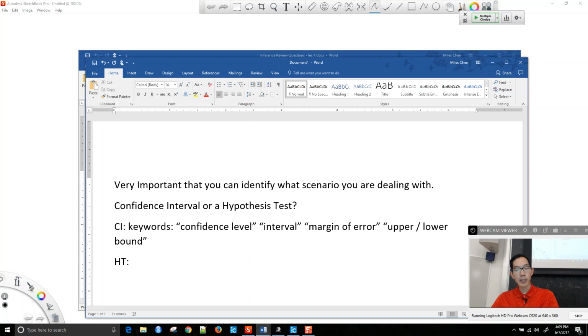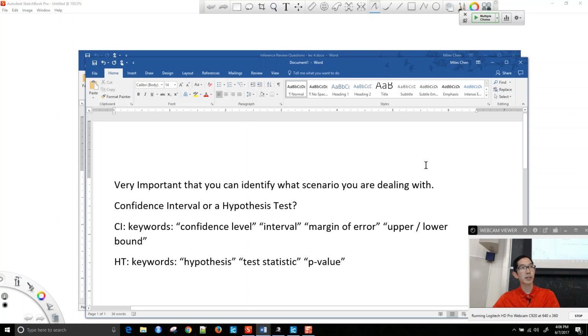On the other hand, for hypothesis tests, your keywords, apart from the obvious ones, would be the hypothesis or test statistic, okay? You only have test statistics if it's a hypothesis test. But also a p-value. P-values only exist if we're talking about a hypothesis test.